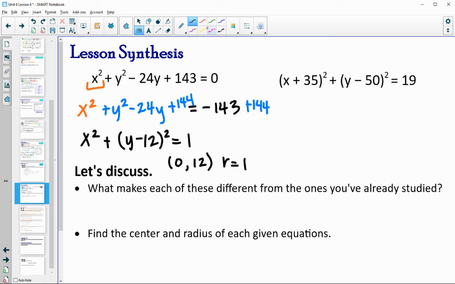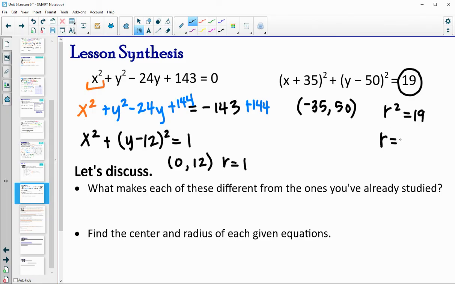Then in this second one, it's already set up nicely for you to grab the center. Okay, so we've got a center of negative 35 and positive 50. So we don't need to complete the square. However, now we've got a radius, okay, so the radius squared is 19, so this just isn't a perfect square radius.